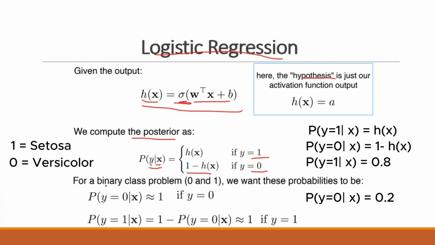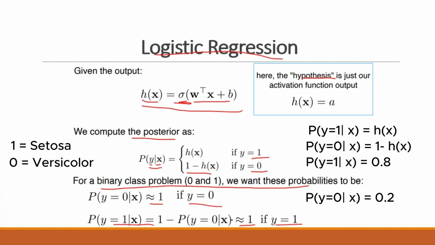So that is what I'm summarizing here at the bottom of this slide. If we have a binary classification problem with possible class labels 0 and 1, what we want is these probabilities to be closer to 1 for the respective class. So if the true class label is 0, then we want the probability for y equals 0 to be close to 1. If the true label is 1, then we want the probability for this scenario to be close to 1.